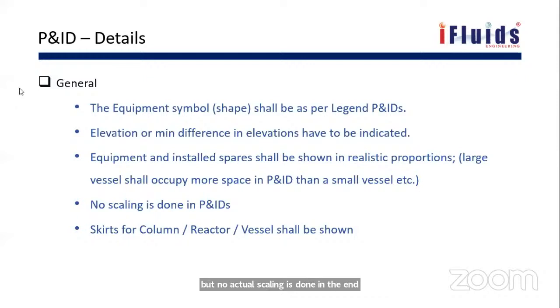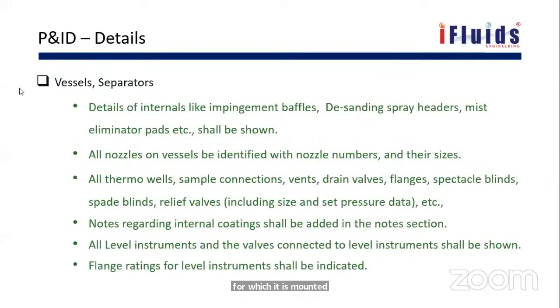Skirts for column and reactor vessels shall be shown, over which they are mounted. Vessels, separators: details of internals like impingement baffles, the main internals, will be shown. So what are the main important internals in the vessels and separators?